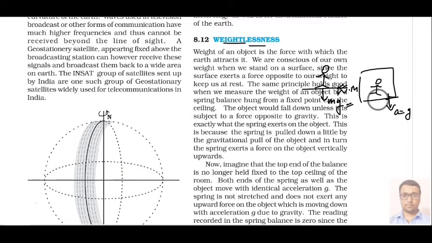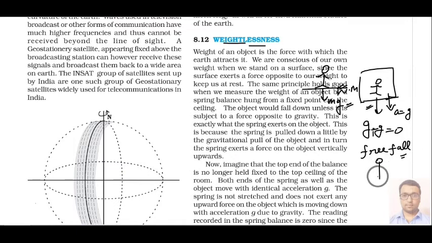In that case, in the downward direction you will not get any kind of support, or your effective acceleration will be g minus g, that is 0. In that case you may experience weightlessness. That condition occurs when we talk about the situation of free fall.